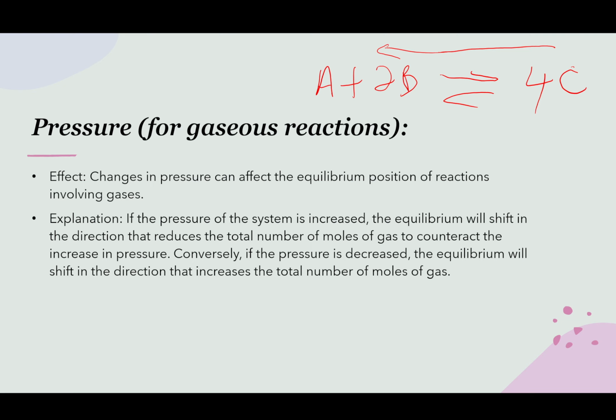Right? So that's what the pressure is talking about. So if we increase the pressure on our system, we will favor the side of the reaction with the least amount of moles. This appears on your Unit 1 past papers. It appears almost everywhere. Right?